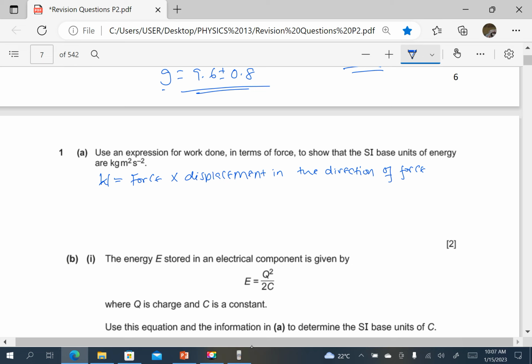We know the units of force. Force is mass times acceleration, which is kilogram meters per second squared. And the displacement is meters. So the units of work will be kilogram meters per second squared times meters, which gives us kilogram meters squared per second squared as required.